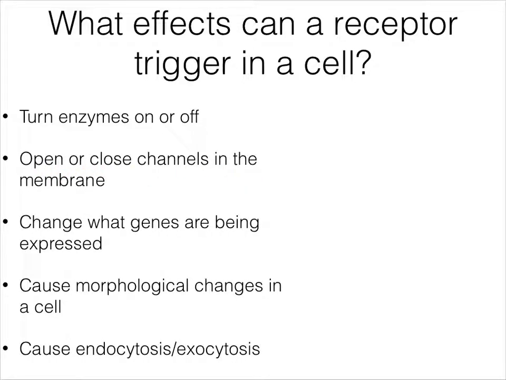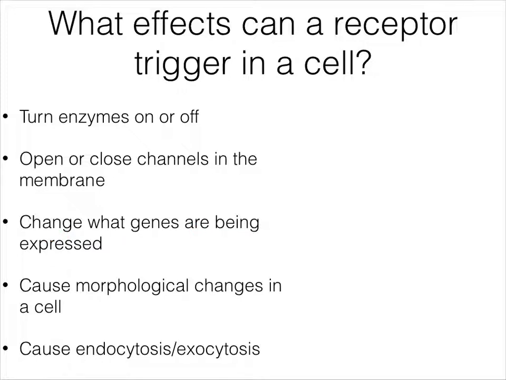Ligands can open or close channels in the membrane. If you think about how muscles and nerves work, the ligand-gated ion channels are a good example of this. Ligand binds, membrane channel opens, it allows in the ion, or whatever it is that it's supposed to allow in. Receptors can change what genes are being expressed.